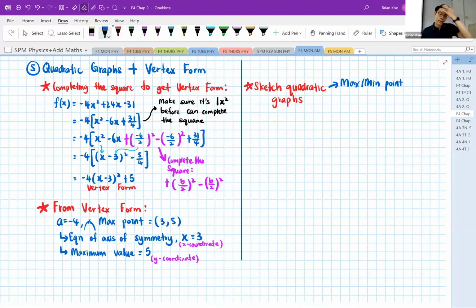You need your intercepts. Intercepts is your x equals 0, y equals 0. Remember, at the x-axis, y is 0. At the y-axis, x is 0.